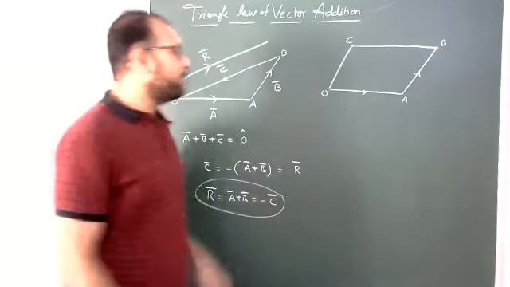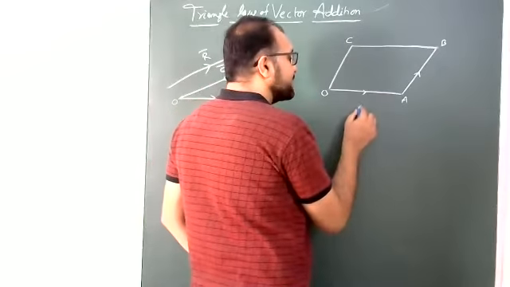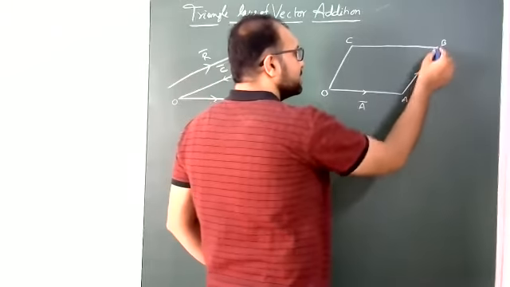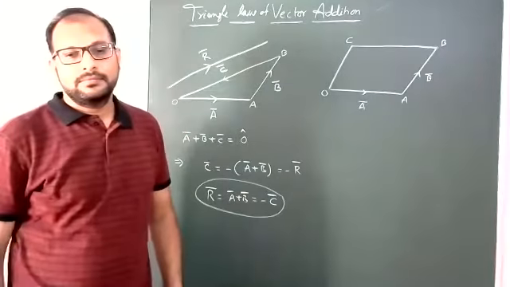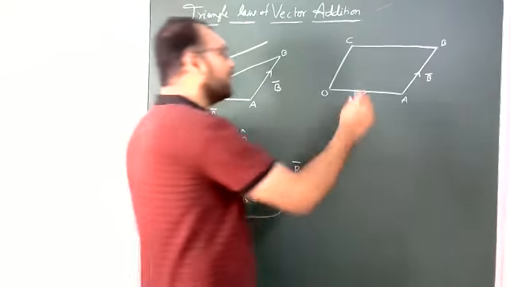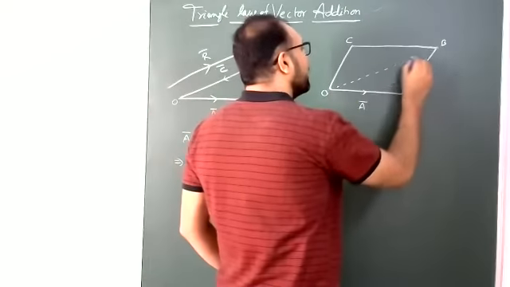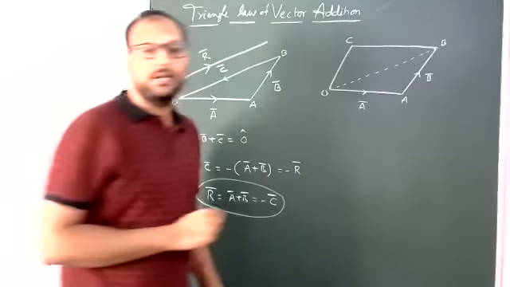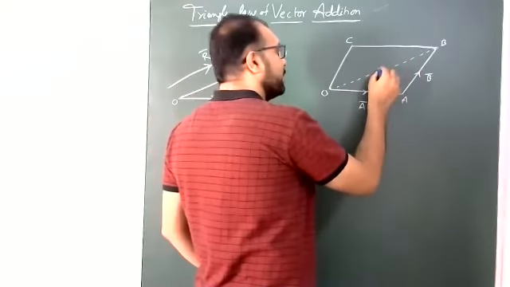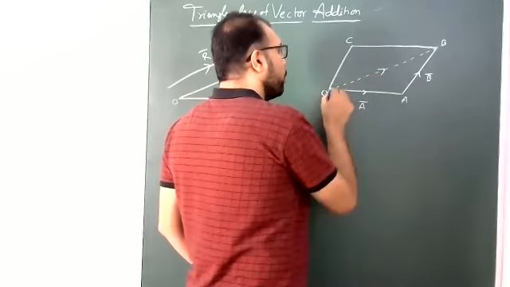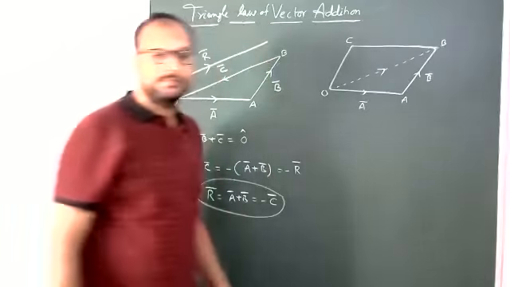Now, suppose this side represents the first vector, and this side represents the second vector. Now, the diagonal of a parallelogram. This is the diagonal of a parallelogram, O to B bar.